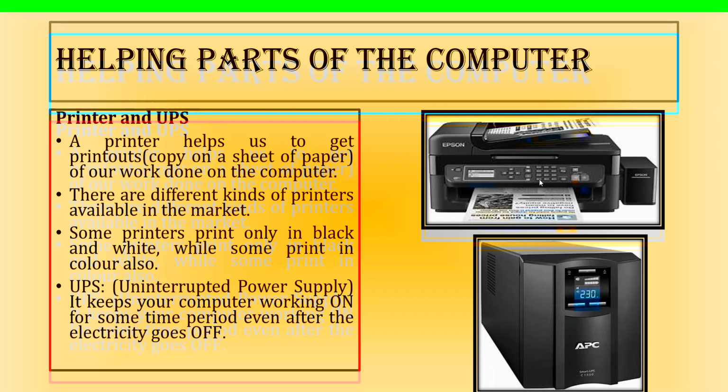You can print a page, images or any writing material on a sheet of paper. This is the printed copy of our work done on the computer. The printer helps us get a printout of work done on the computer.